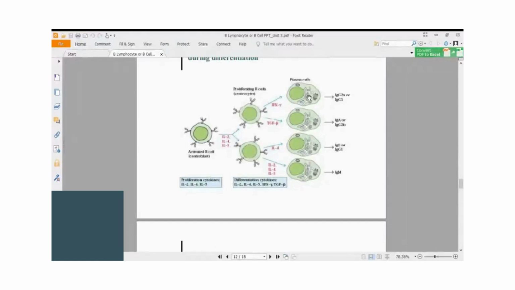Rough endoplasmic reticulum is meant for protein synthesis, and it is also responsible for the post-translational modification of the antibody. The antibody that is produced will be glycosylated in the endoplasmic reticulum and finally dispatched out of the plasma cells.